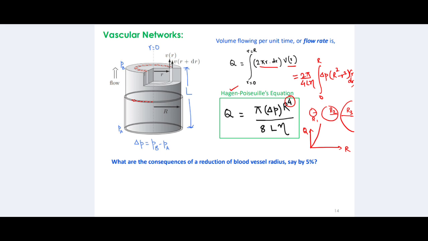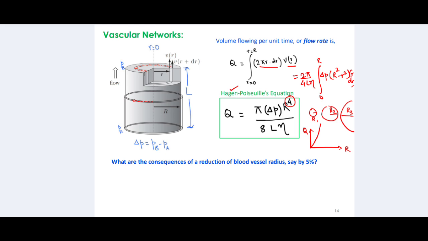If you do that integration, you're going to end up with a fairly well-known formula known as the Hagen-Poiseuille formula. Okay, it's a general formula for fluid flow. And it does have consequences when you're trying to flow some biomaterial through a tube-like construct.